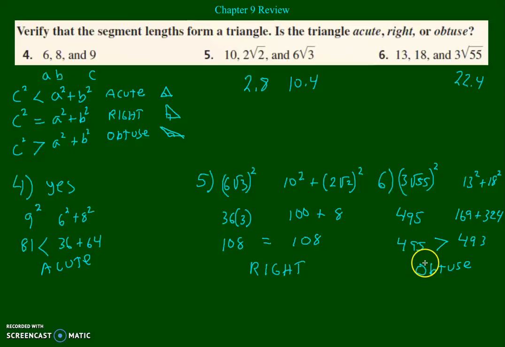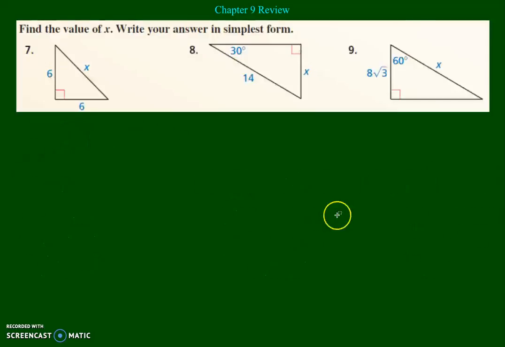Alright, let's move on to the next problem. In these problems, it appears we have some special right triangles. Here, this is an isosceles right triangle, which makes it a 45-45-90. Here is a 30-60-90 and another 30-60-90. So let's work on problem 7. We know that the relationship between the sides of a 45-45-90 is a, a, a square roots of 2.